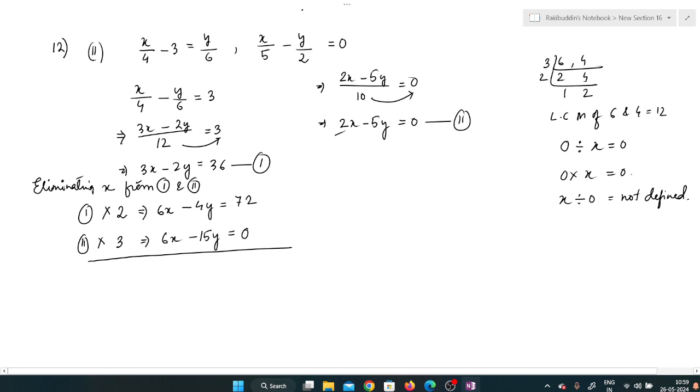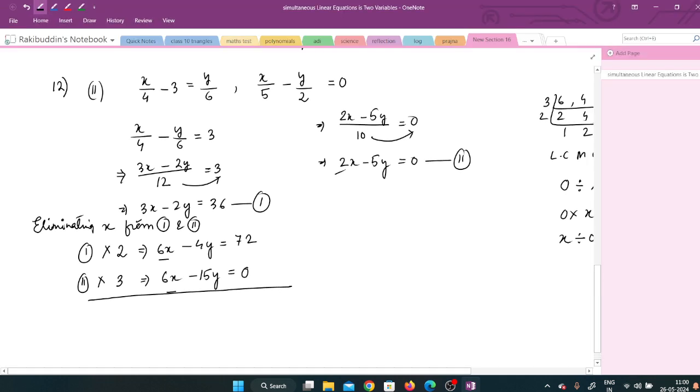Now see here the coefficient of x, both are positive. When the signs are the same, we always subtract, and when the signs are opposite, we add in the elimination process. So here you put a minus and minus, this becomes minus, minus will become plus, and here minus 0.